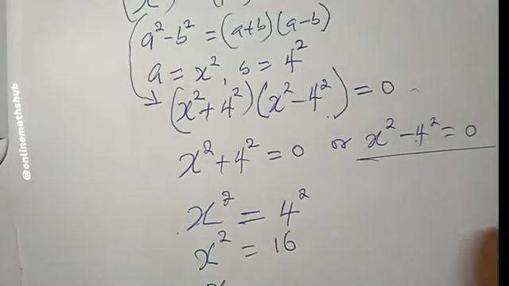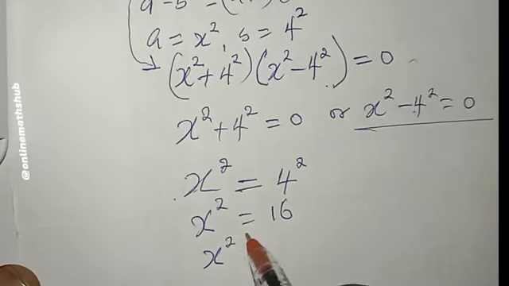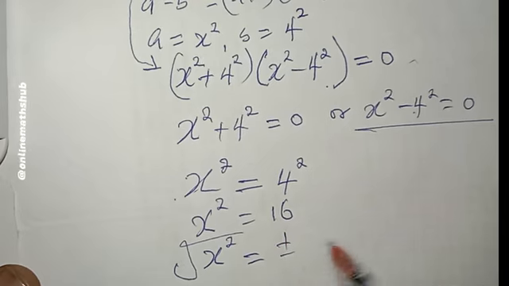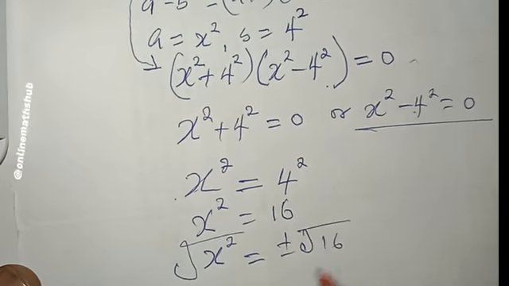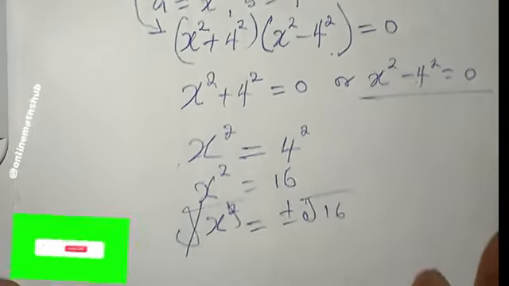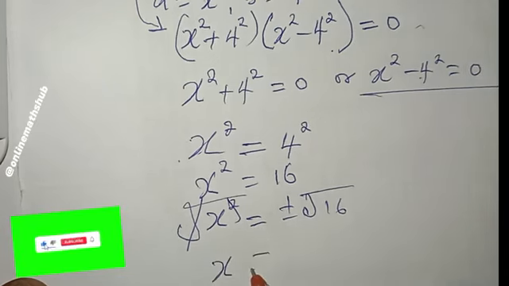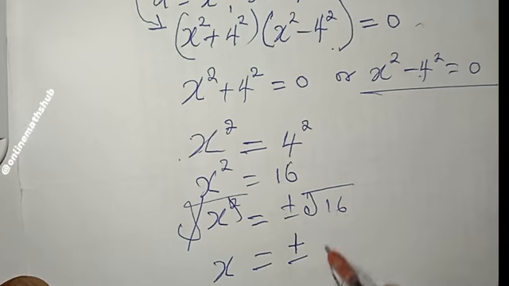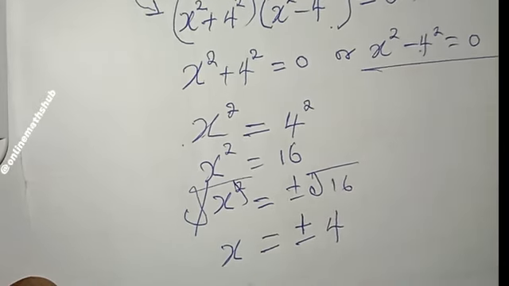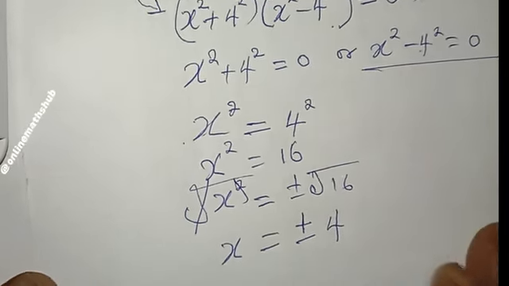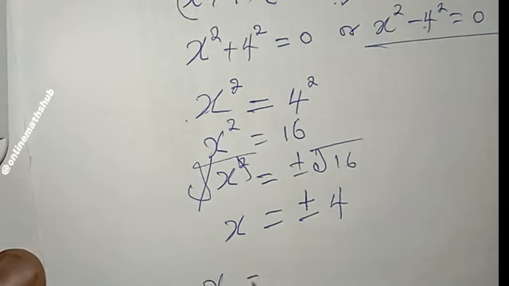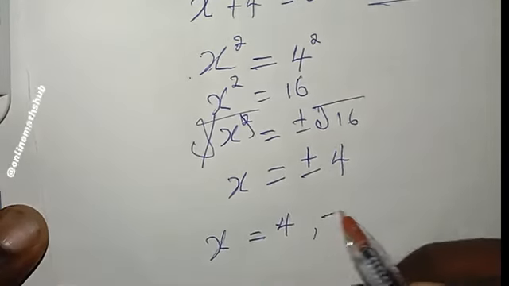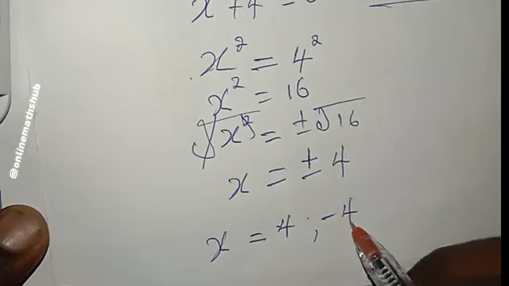What I'm going to do next is take the square root of both sides, so plus or minus the square root of 16. This cancels the square, and I'm left with x equal to plus or minus the square root of 16, which is 4. So here we are getting the first two values of x, which are positive 4 and negative 4.